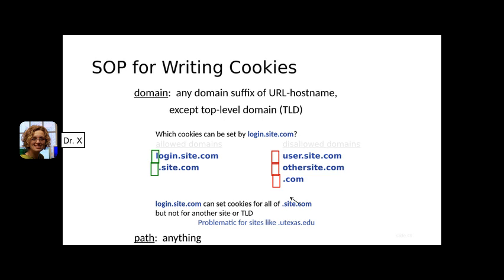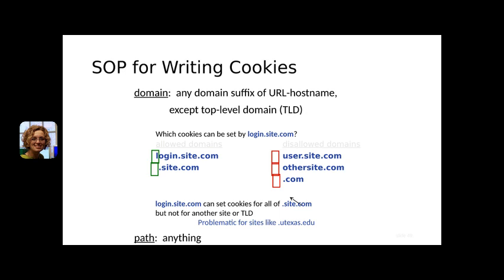Okay, so the SOP for writing cookies. The domain can be anything, any URL, okay? Except, of course, for the top level domain, like just .edu cannot be a domain. So you can see valid domains could be login.site.com or .site.com, but not the .com. The path can be anything, any directory.